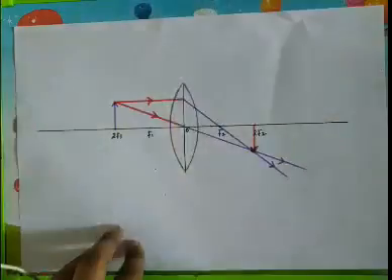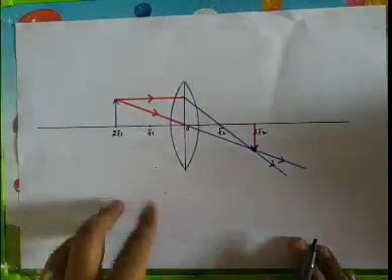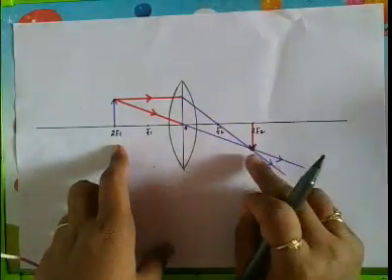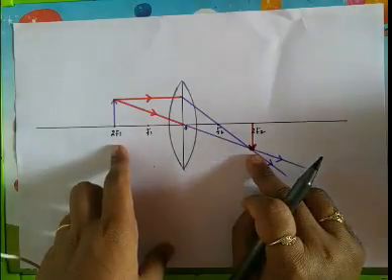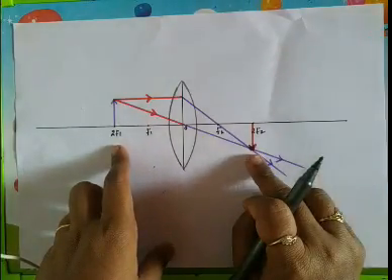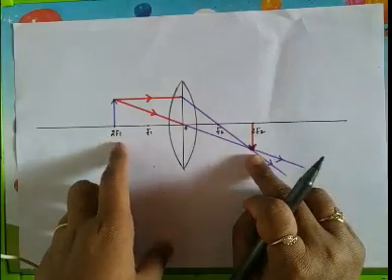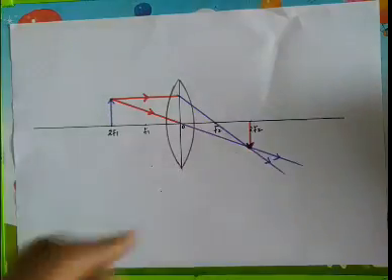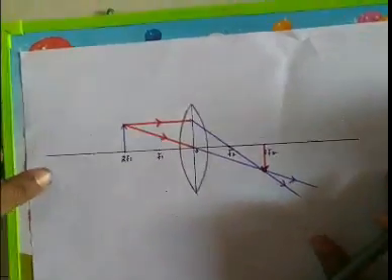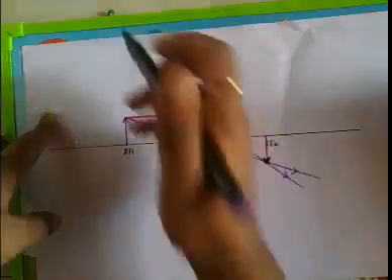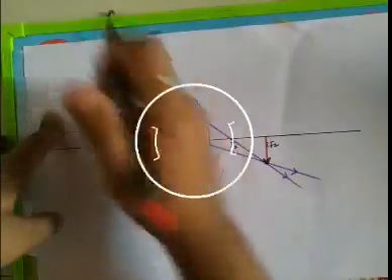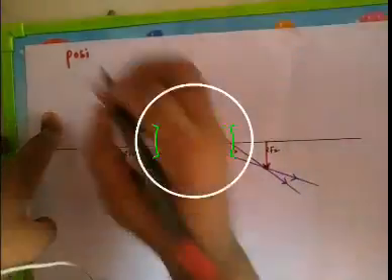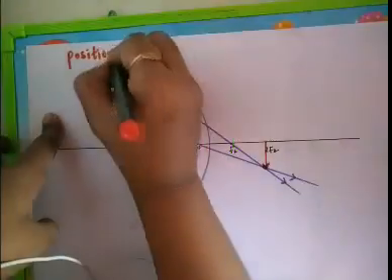Now here if you will see, the object is kept at 2F1 and image is forming at 2F2. Let's describe the image now. First I will write position of object.